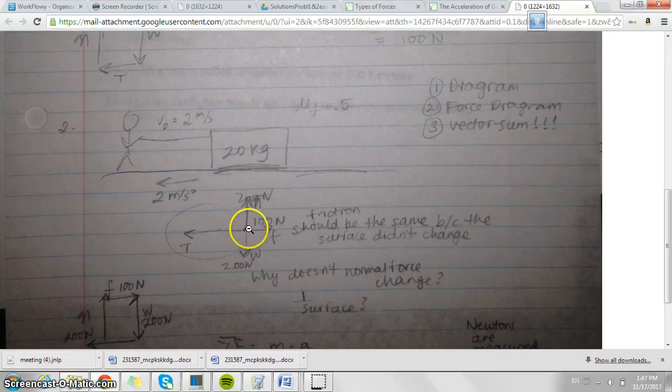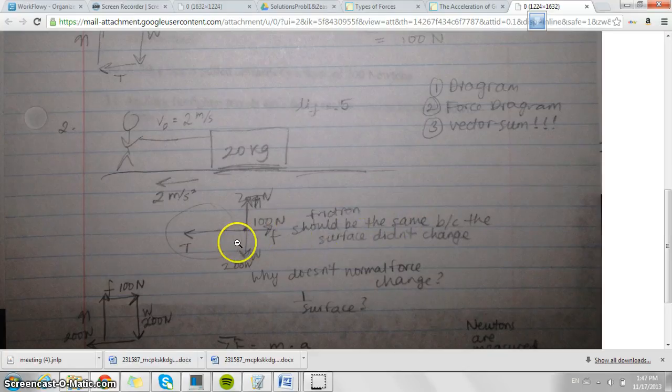And I drew a force diagram again, and the tension due to the rope has to be longer than the force due to friction, because the box is accelerating in this direction. In the negative direction, we'll call it negative, and to the right is positive.